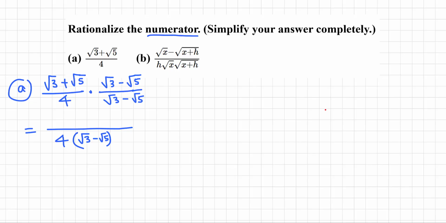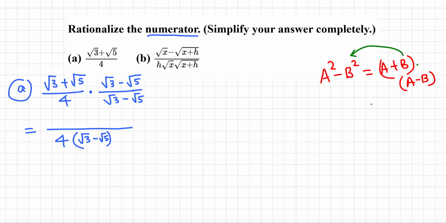This is pretty much the difference of two squares. When we have a squared minus b squared, this factors as a plus b times a minus b. That means if we multiply these two, we get back this.